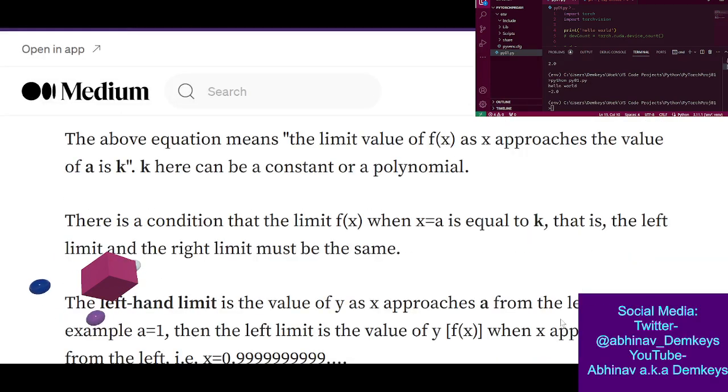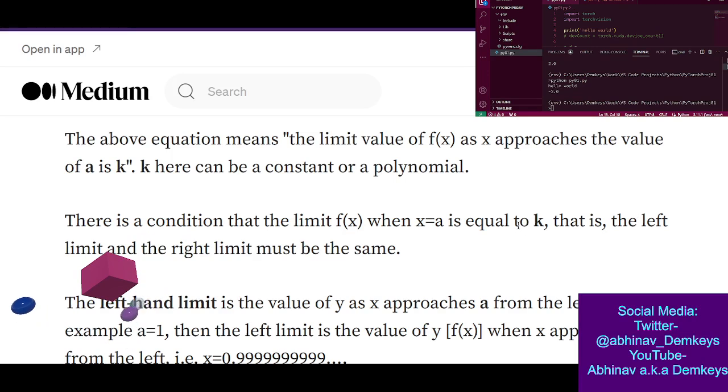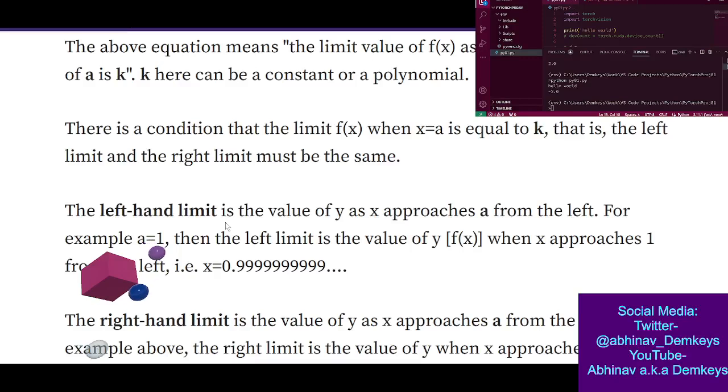By the way, what I was reading here says there is a condition that the limit of f of x when x equals a is equal to k. That is, the left limit and the right limit must be the same. So the left-hand limit is the value of y as x approaches a from the left.